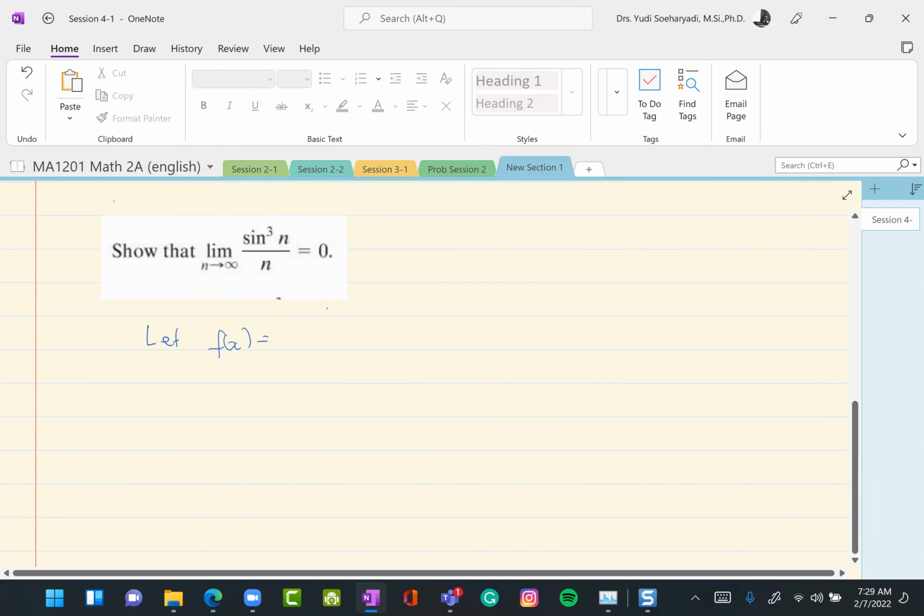Pretend the function is sine 3x over x, and we compute this limit.